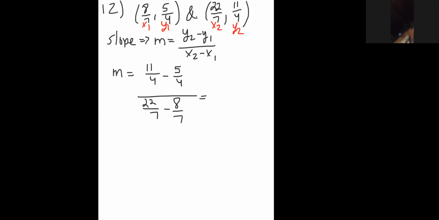And then you simplify. 11 minus 5 is 6/4. 22 minus 8 is going to be 14/7.